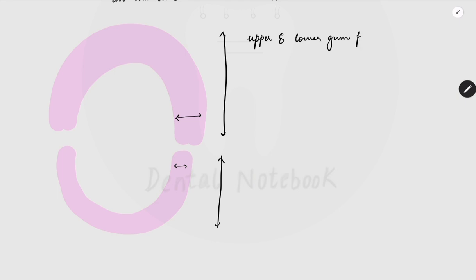So the upper and lower gum pads are almost similar to each other.